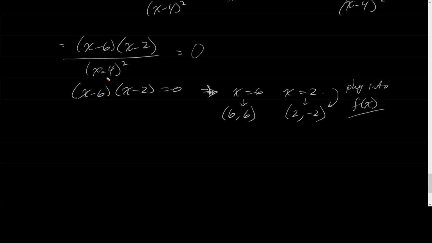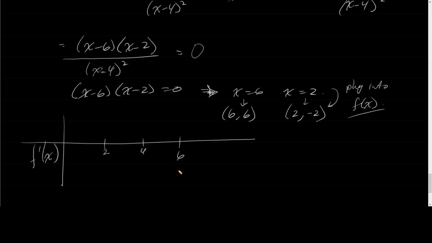But 4 is not part of my domain, so I don't need to worry about it in the sense that it's not a critical value, but we do need to test around it. So we test around 2, 4, and 6. The easy values are 0, 3, 5, 7. And we're testing all of these into f prime.